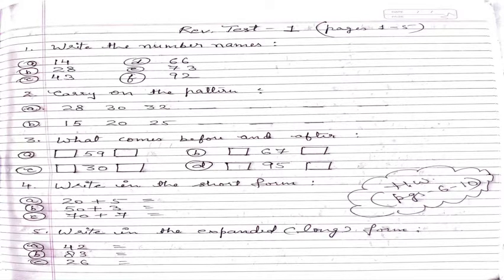Here expanded form of a number is given and you have to write its short form. Now question 5. Write in the expanded or long form. Here expanded form means long form. Some numbers are given and you have to write them in expanded form. Expanded form means you have to add the place value of all the digits.